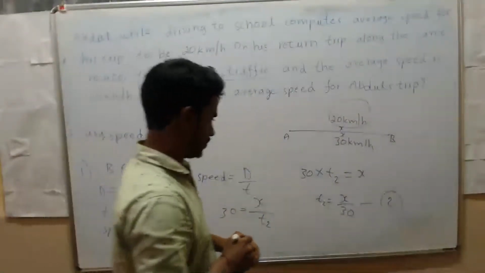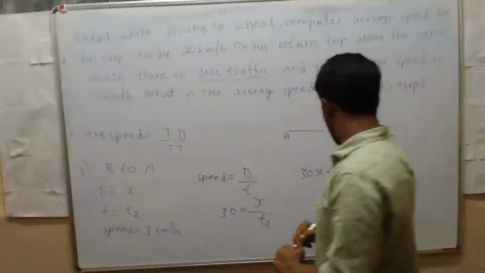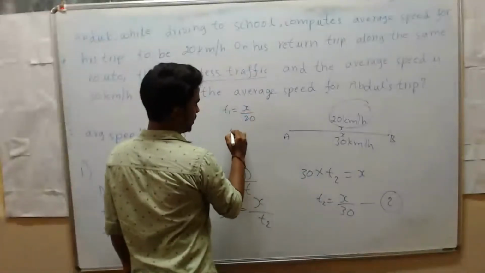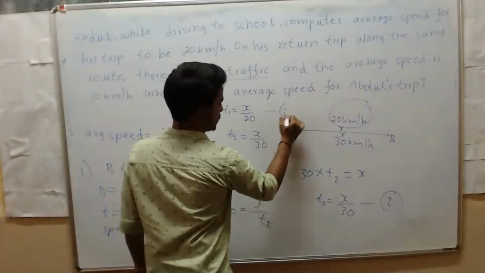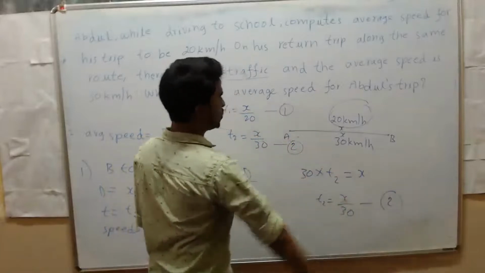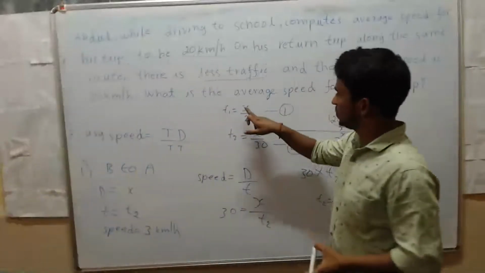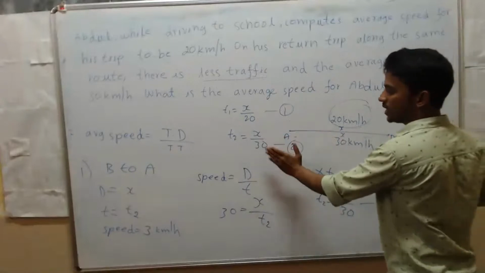If you substitute the value for x, then you get the time taken from B to A. See, first equation, t1 equal to x by 20. Then t2 equal to x by 30. This is equation 1 and this is equation 2. So the time taken from A to B is x by 20, and the time taken from B to A is x by 30.